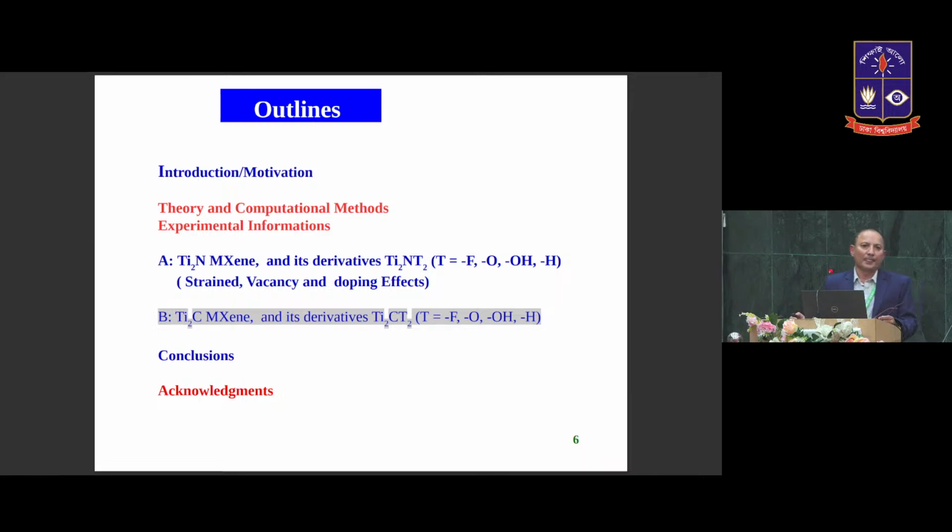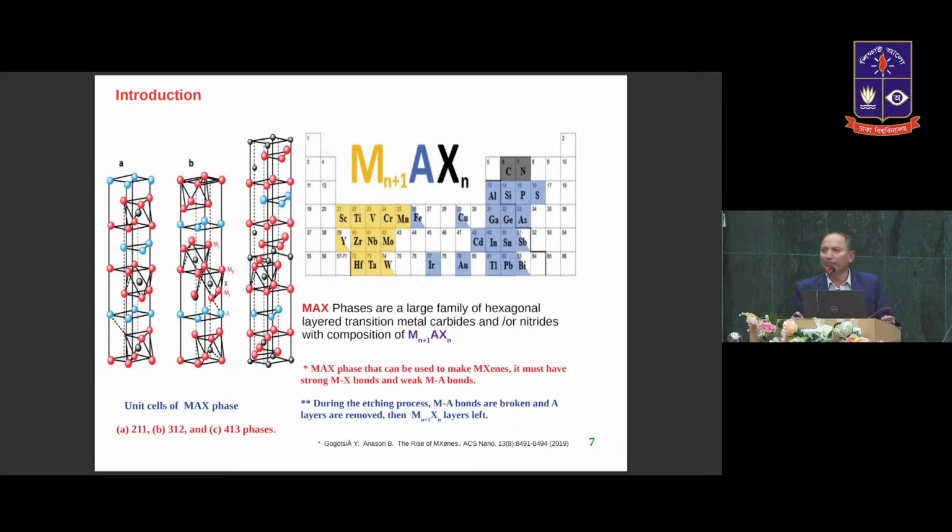MXenes are derived from the MAX phase. There are various kinds of MAX phases. This is the A layer and this is the MX layer. The main formula of the MAX phase is M(n+1)AX(n). The M-A bonds are weaker than the M-X bonds.